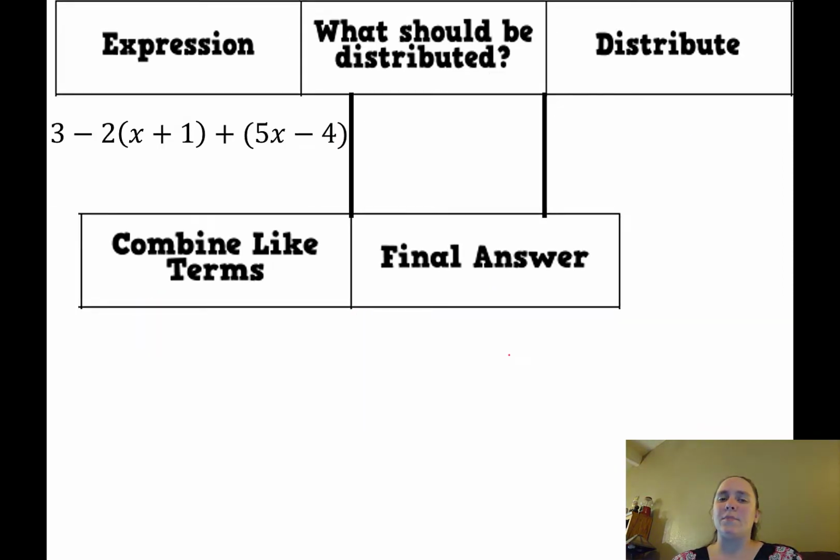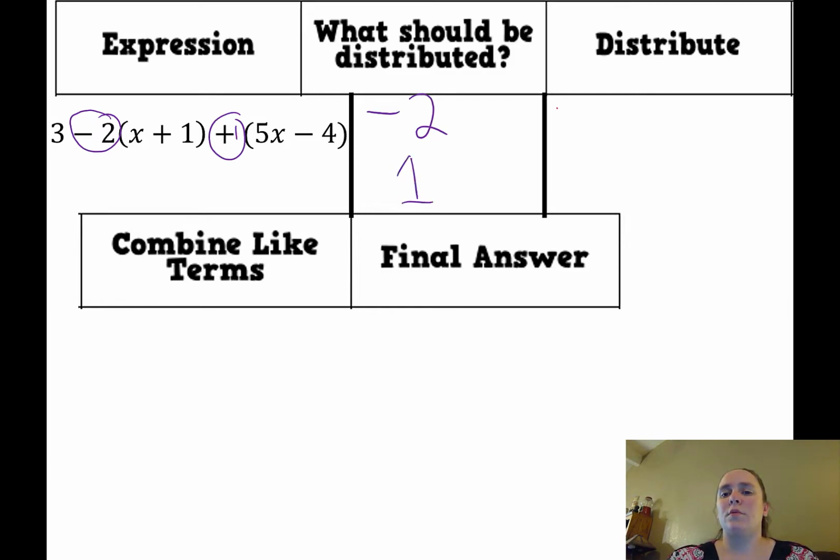All right, last example. Now looking at this one, I have 2 sets of parentheses. So what am I going to distribute? Well, in the first parentheses, I'm distributing -2. And in the second parentheses, I'm distributing a +1.